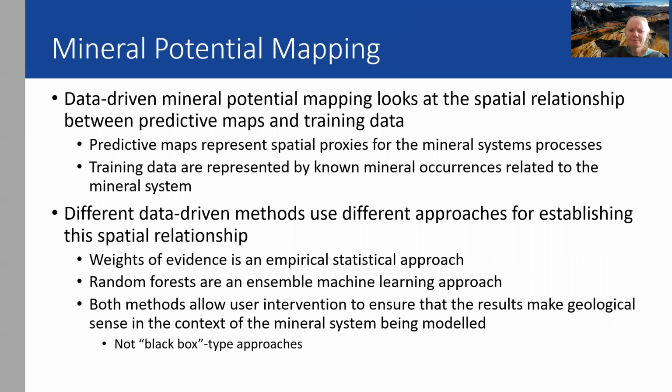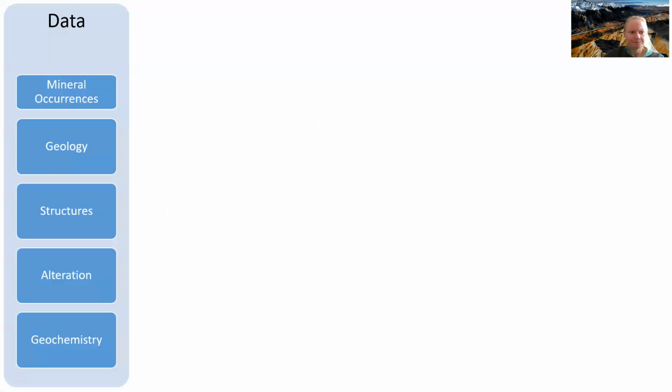So both of these methods were used by CanX for the mineral potential mapping because they allow some degree of user intervention to ensure that during the modelling process, the results actually make geological sense in the context of the mineral system that's being modelled. So we don't end up with some nonsense results. They aren't black box type approaches. They do allow a review of the outputs at different stages of the modelling.